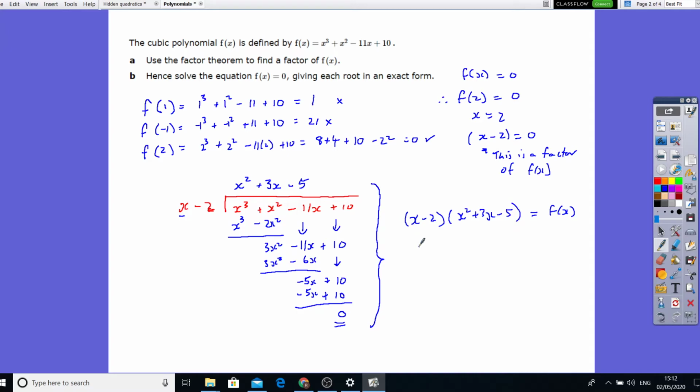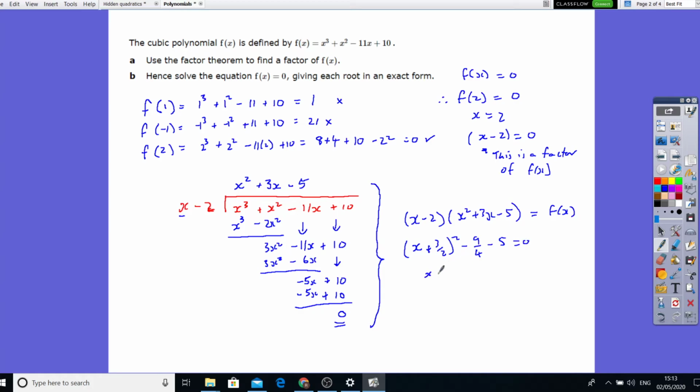Really, you can just do this in your calculator. I'm just going to complete the square very quickly and make that equal to 0. That's going to be x plus 3 over 2 squared, take away 9 over 4, minus 5, equals 0.